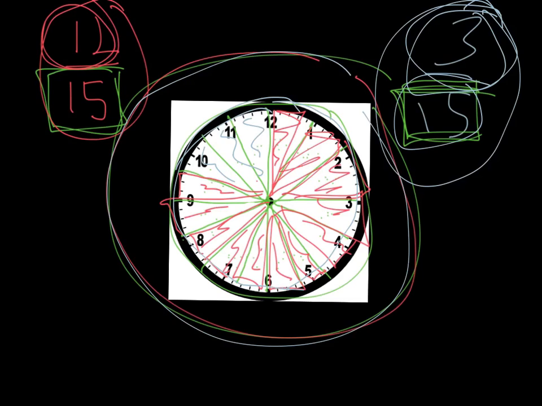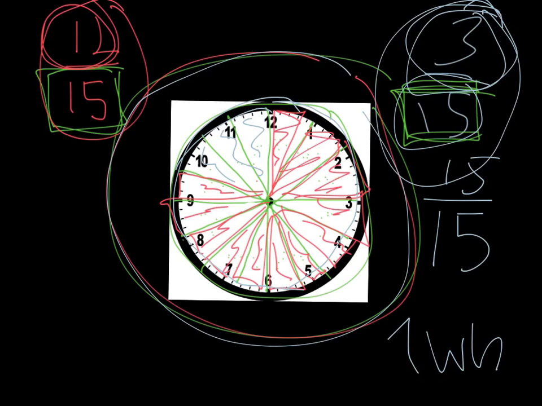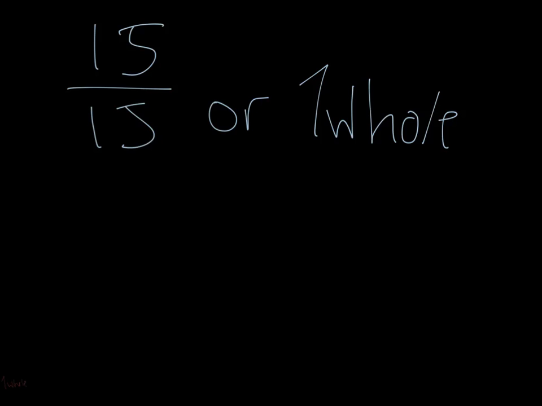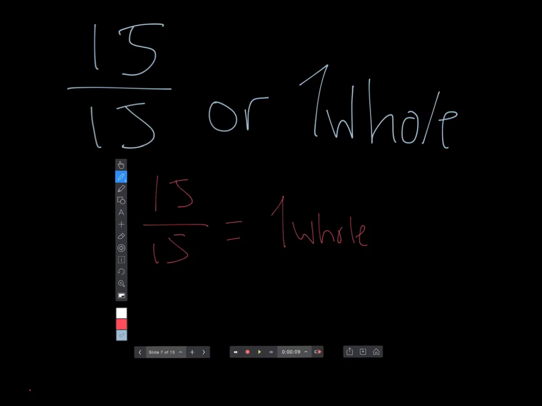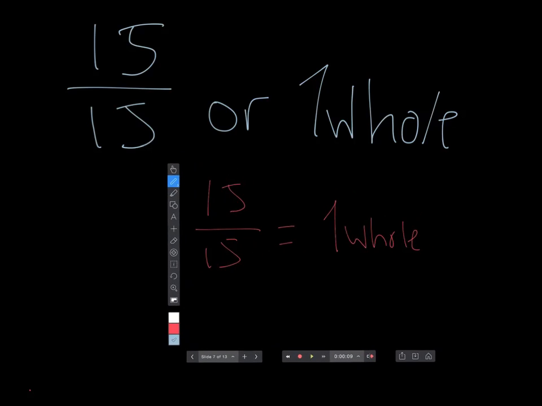So that would mean that there are 15 pieces and all 15 are covered. So that would also equal 1 whole. So the final answer is 15 over 15, or in other words, 1 whole. And as you can see, in the other strategy before, the answer was also 15 over 15 and 1 whole.